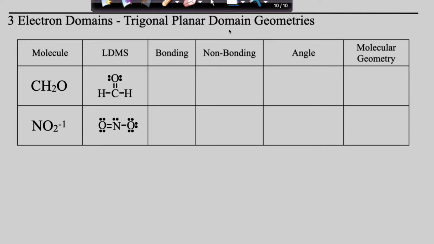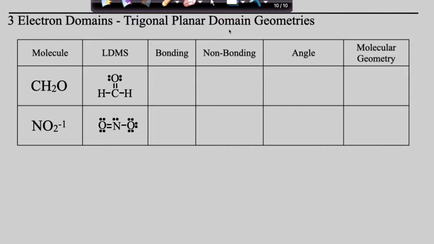So guys, let's be really sure we're sure, because when we played this game earlier in the day, there was some confusion. Guys, how many domains are on that carbon? 3. Single bond, double bond. How many domains are on the nitrogen? Also 3. Single bond, double bond, unbonded pair of electrons. They all have 3.